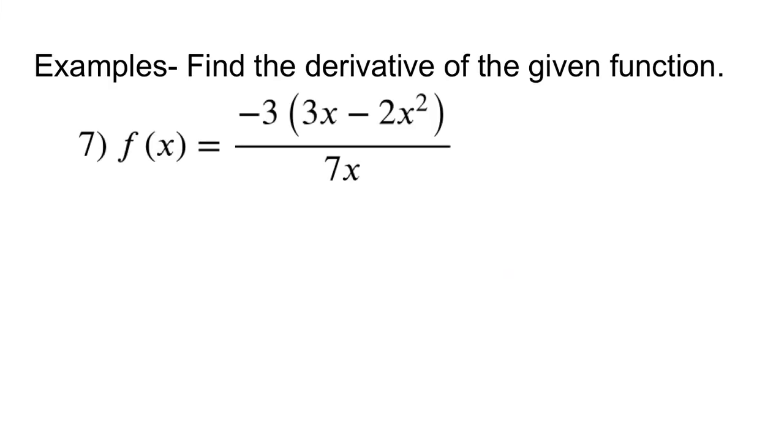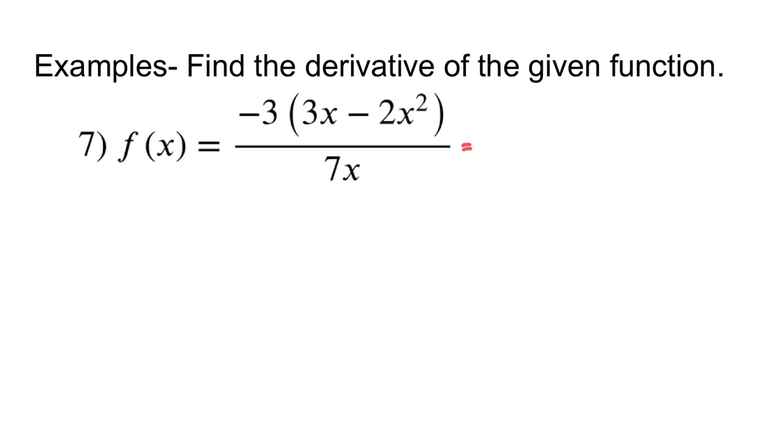Okay, here's another problem. But be really careful, because just because a problem looks like it's a quotient rule problem does not mean it actually is a quotient rule problem. As a matter of fact, if I simplify this expression algebraically first, it will make my life a lot easier.